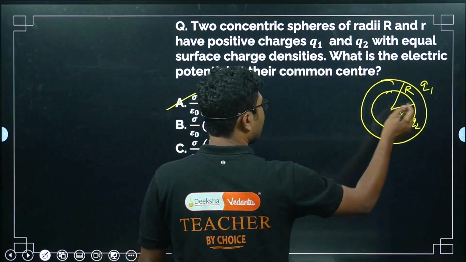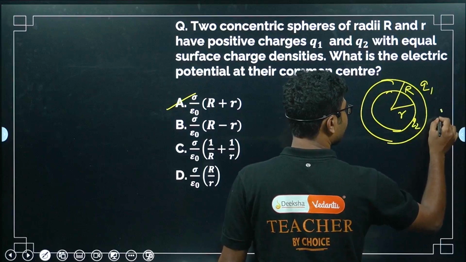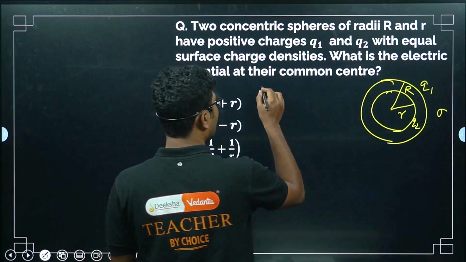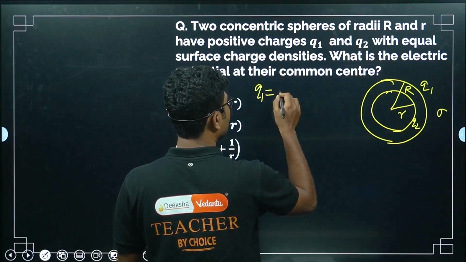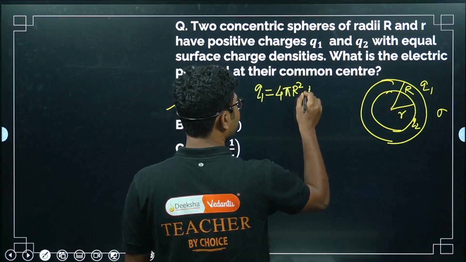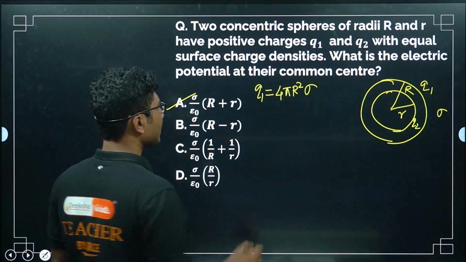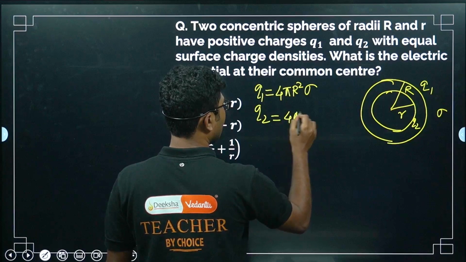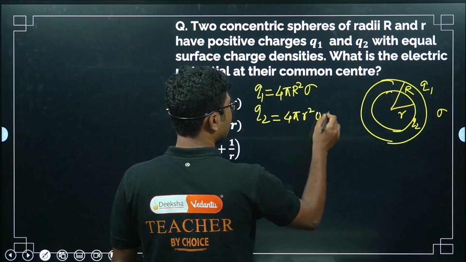The surface charge density for both spheres is the same, sigma. If the surface charge density is sigma, then what is the value of Q1? Q1 is the surface area, 4 pi R square, times the charge density. And what is the value of Q2? Q2 is 4 pi r square sigma.